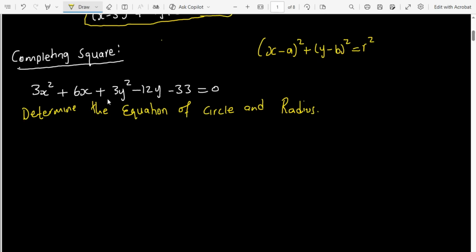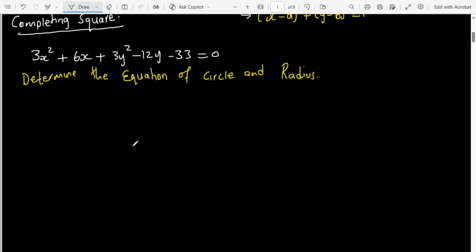We need to take the given equation and put it in that form. The goal is to determine the equation of the circle in this form, and we can do this by completing the square.